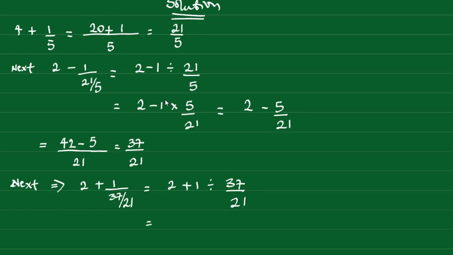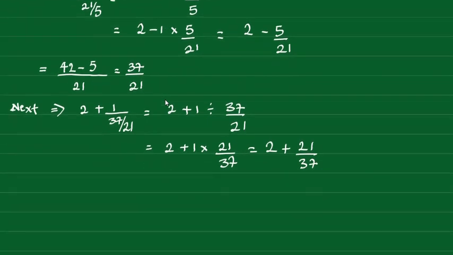Take note of the fact that we can convert our division to multiplication. So we have 2 plus 1 times 21 comes up, 37 goes down. All right, this is equal to 2 plus 1 times 21, we have 21 over 37.